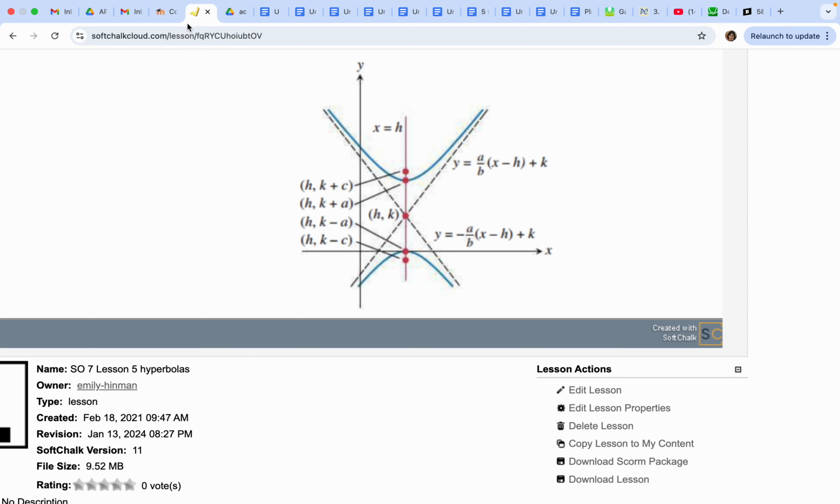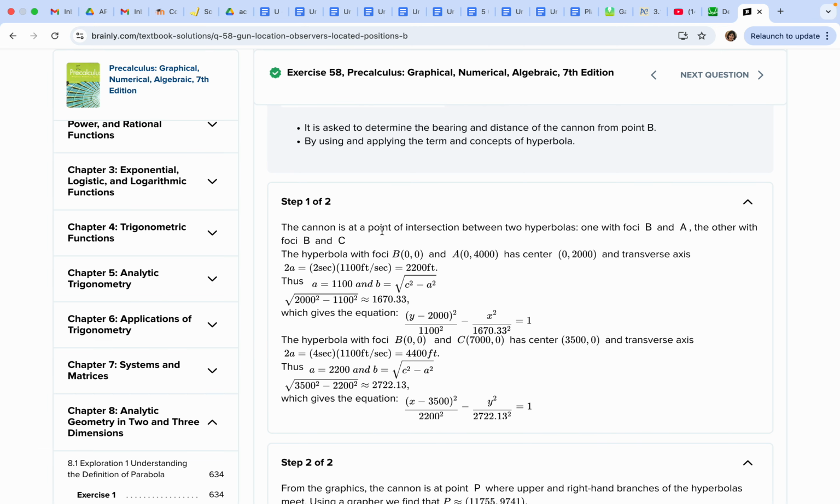We're given some good information here. We know that the center has to be at (0, 2000) because that has to be halfway between the foci, and I had this drawn up. I'm doing the math problem. Sorry, my child interrupted me. We have the transverse axis distance is 2 times 1100, 2200 feet.